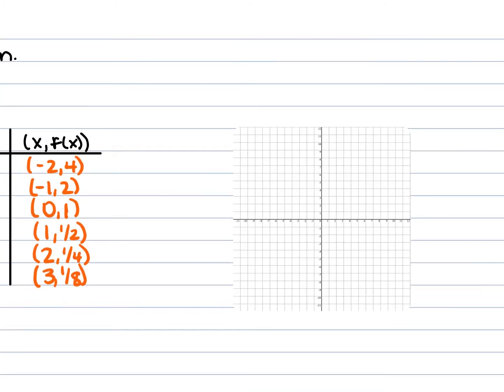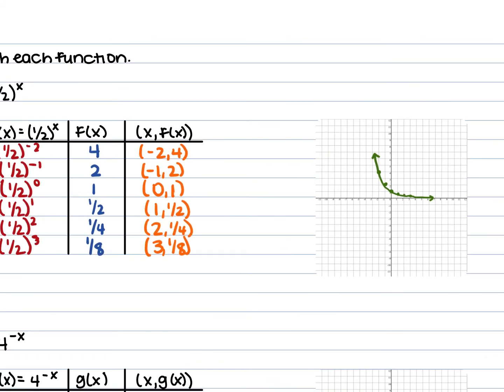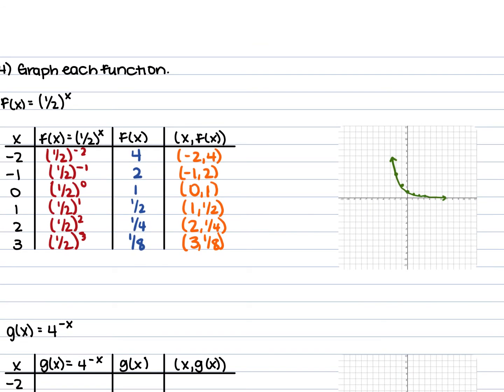We have negative 2, 4, then negative 1, 2, 0, 1, 1, 1/2, 2, 1/4, 3, 1/8. So this one, you see, when we do this, it's going to go up as we go to the left. And again, it still does not cross over that x-axis.